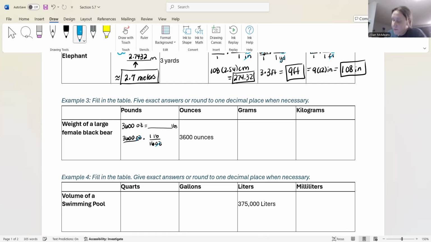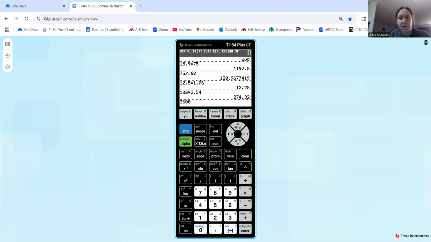Ounces cancel, leaving just pounds in the numerator. So when we clean this up, we get 3,600 pounds divided by 16, and we can let the calculator do the side work for us. So 3,600 divided by 16, and we get 225 pounds.